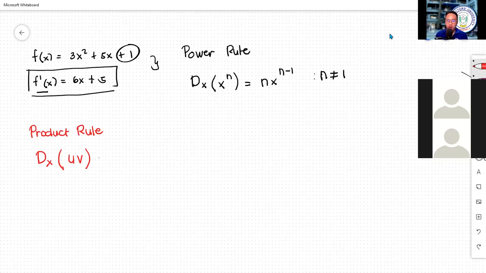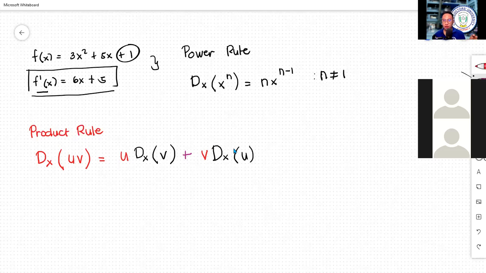So how do we do the derivative in any case? This is very easy. You take the first expression and multiply it with the derivative of the second expression, which is v, and then you add plus the second expression multiplied by the derivative of the first expression.